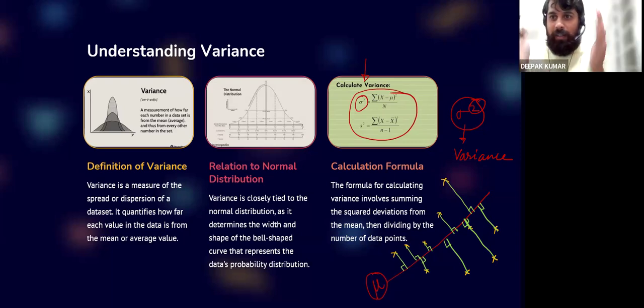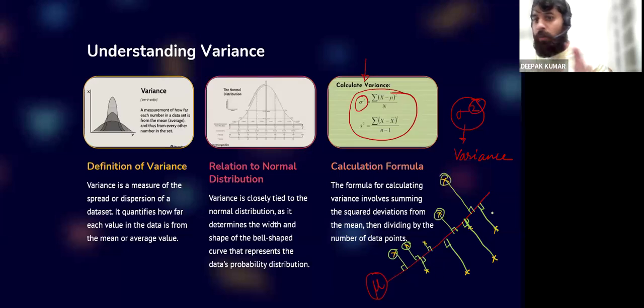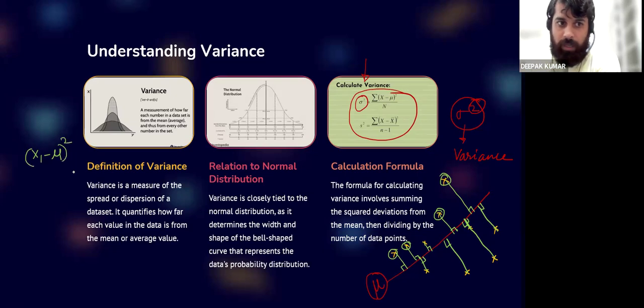Yeah, I got it. So likewise, here you are only calculating the distance of all the distributed points from the mean line. Then after doing this, the only task is, say you calculated first x1 minus mu, but you took a square of it.